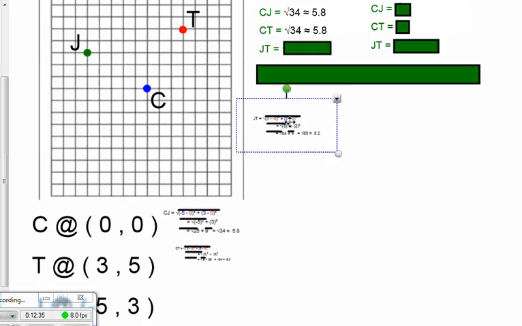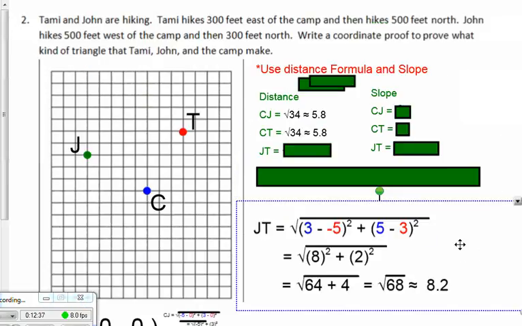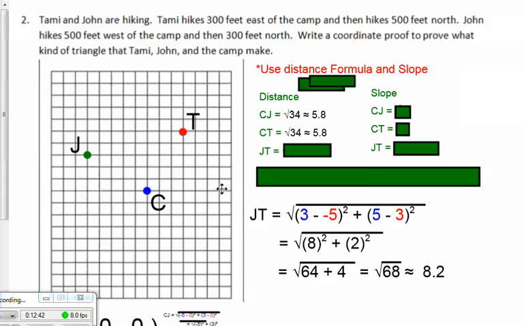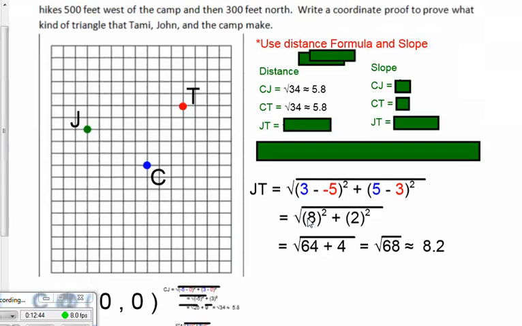We need to find our distance from John to Tammy, so from here to here. Again, just plugging things into the distance formula. 3 minus negative 5, and then squared. 5 minus 3, squared. 3 minus negative 5. Remember, minusing a negative is like adding, so it becomes 8. 3 plus 5 is 8.